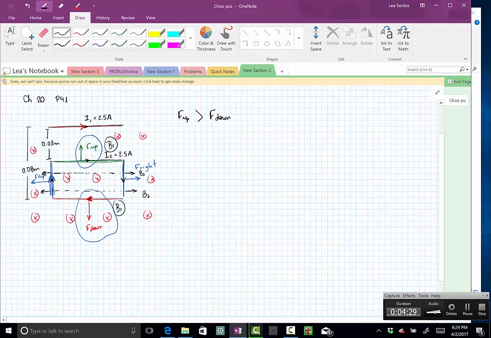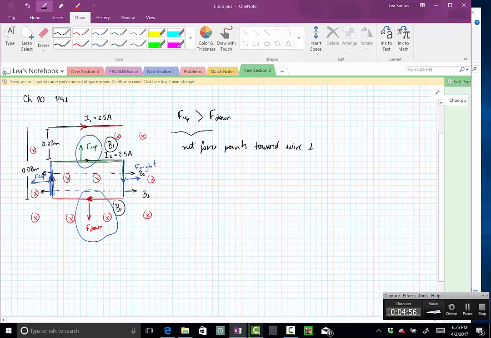First, the direction: since up is bigger than down, the net force points up, toward that isolated wire, toward wire 1.